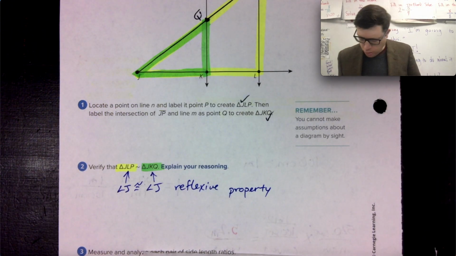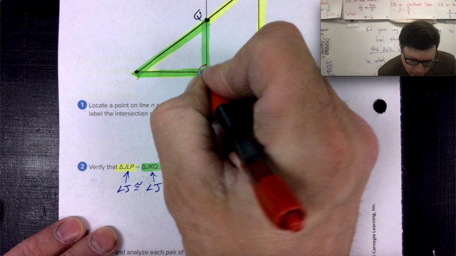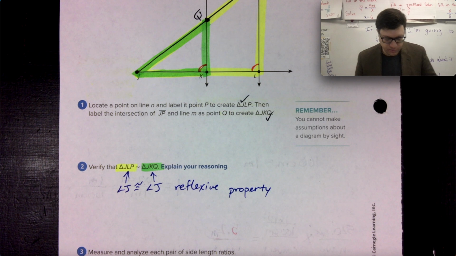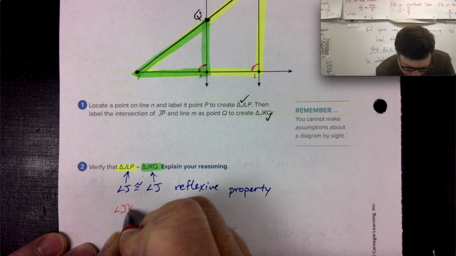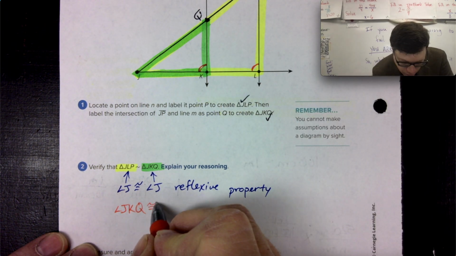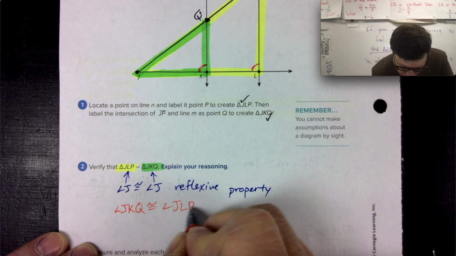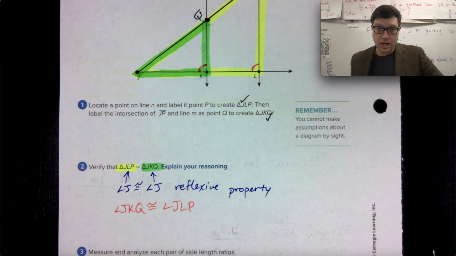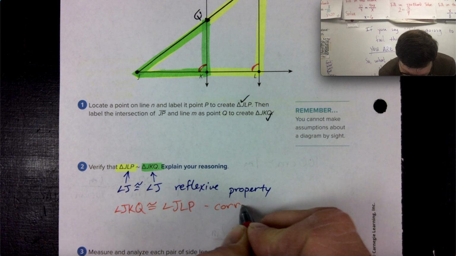I remember that property from module 2, where we talked about when we have parallel lines cut by a transversal, angle JKQ, that's this one, is going to be congruent to angle JLP. The reason is that corresponding angles in parallel lines are congruent. So we'll call them the corresponding angles.